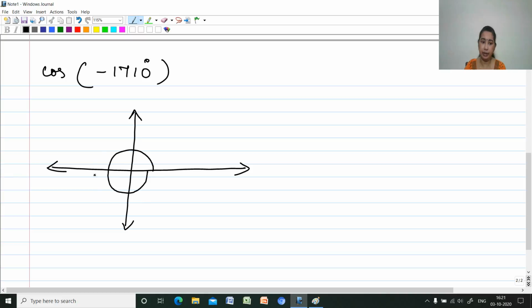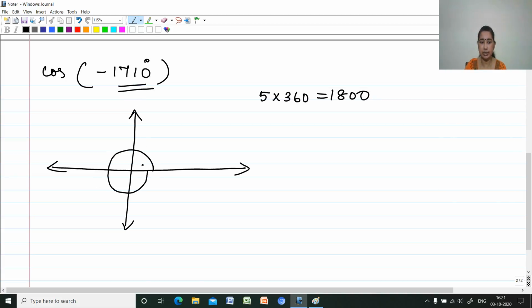Then how many times do I have to complete in order to make an angle near to 1710 degree? Always we have to see the greater one. We can write this as 5 into 360, it is 1800. So we need to find a bigger angle than the one given if it is negative.